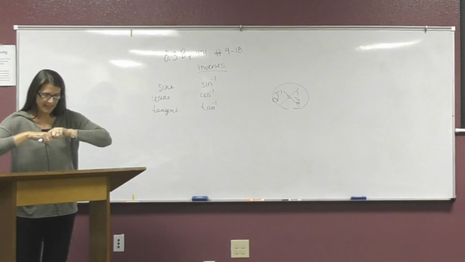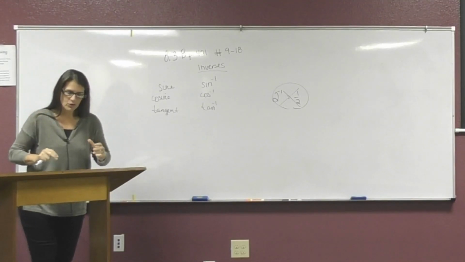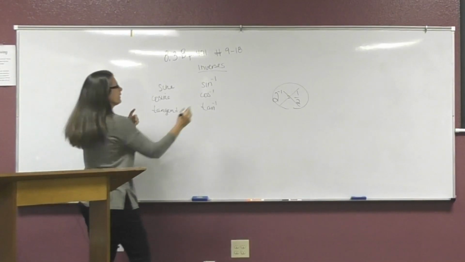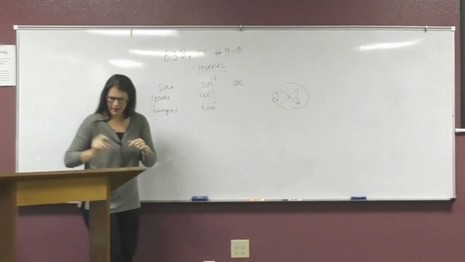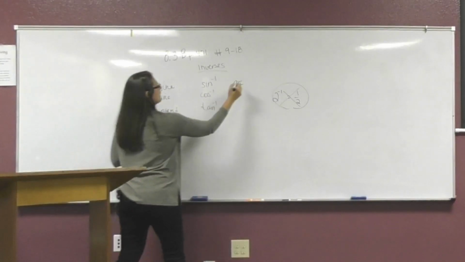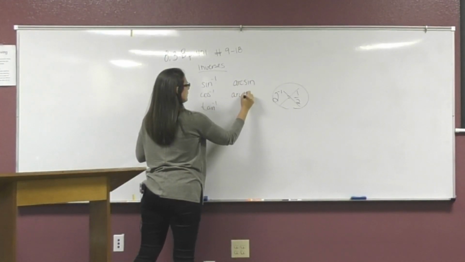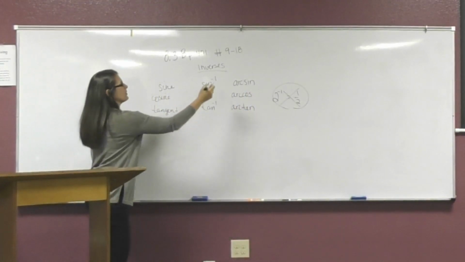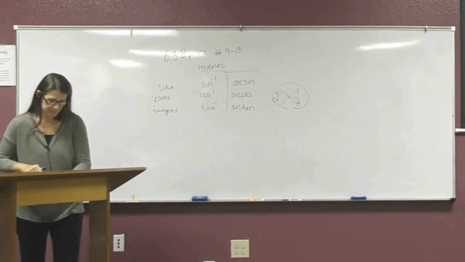The second notation, the second way to denote an inverse function is to put arc in front of it, okay? Arc, well, they just do an A, I think. Sometimes it's written out, sometimes it's not. Okay, that's also another way to write inverse functions.